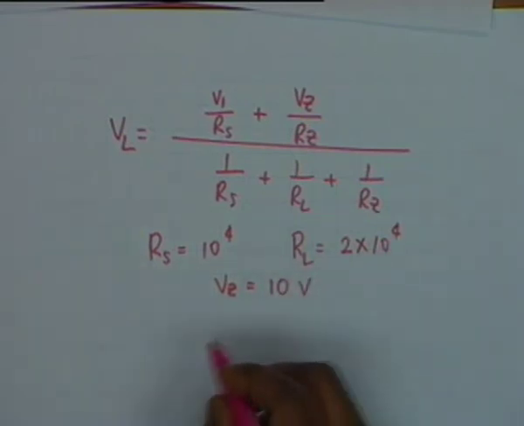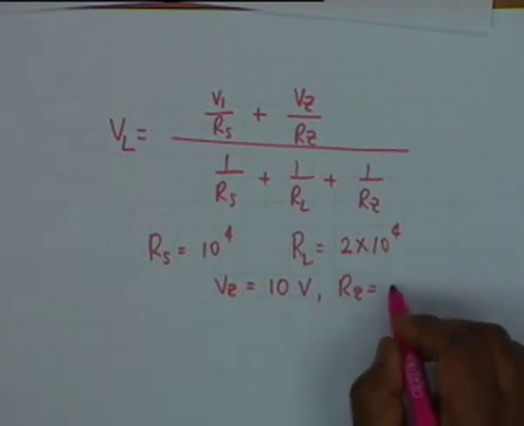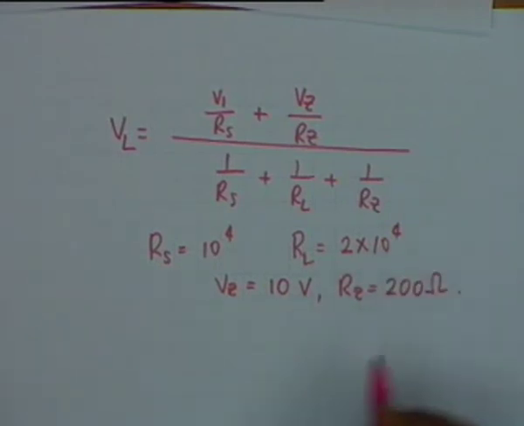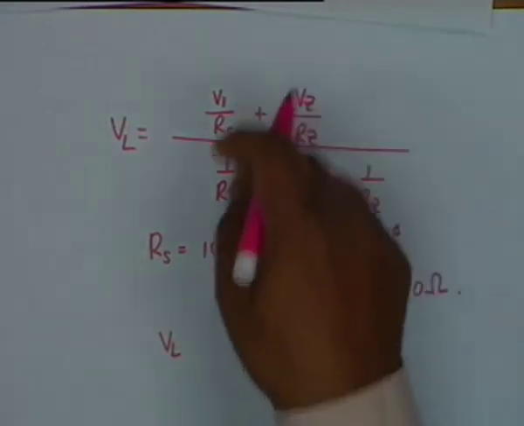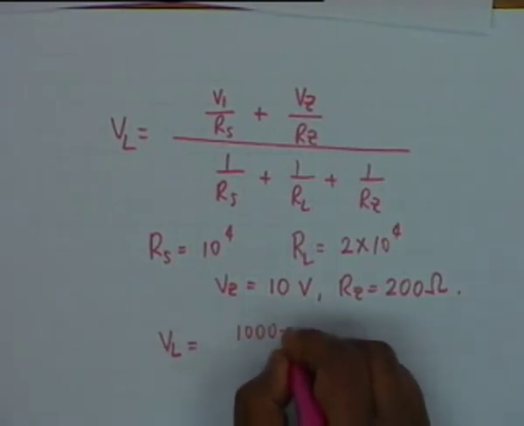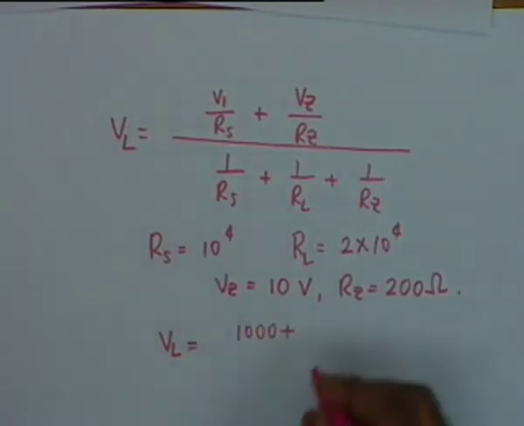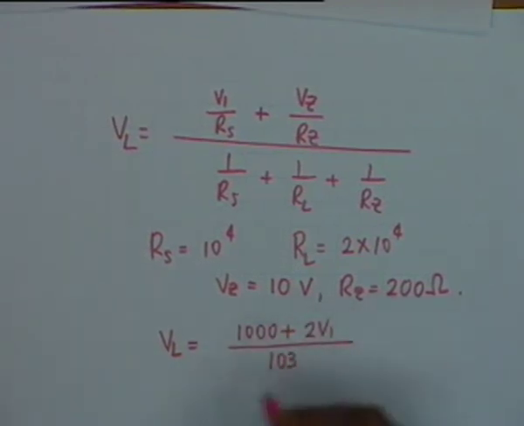Vz is 10 volts. And typical Rz, the dynamic resistance of the Zener diode, is 200 ohms. Then you can show that VL, if you substitute these values, is, again I skipped the arithmetic, 1000 plus twice V1 divided by 103.